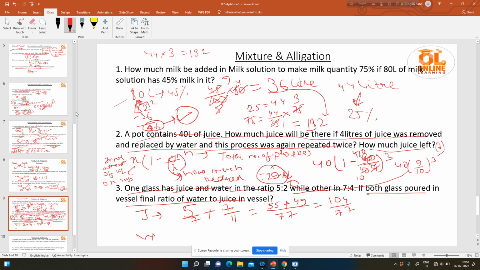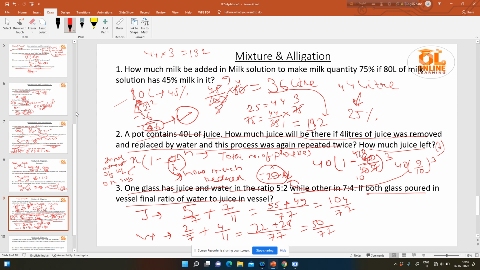Now for water, the total amount of water is 2 by 7 in the first case and 4 by 11 in the second case. Same, we will get 77, so here we will have 22 plus 28, that would be 50 by 77.